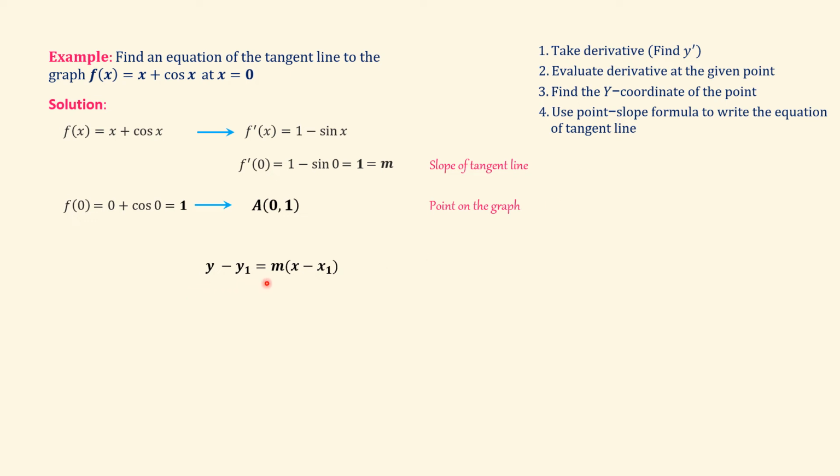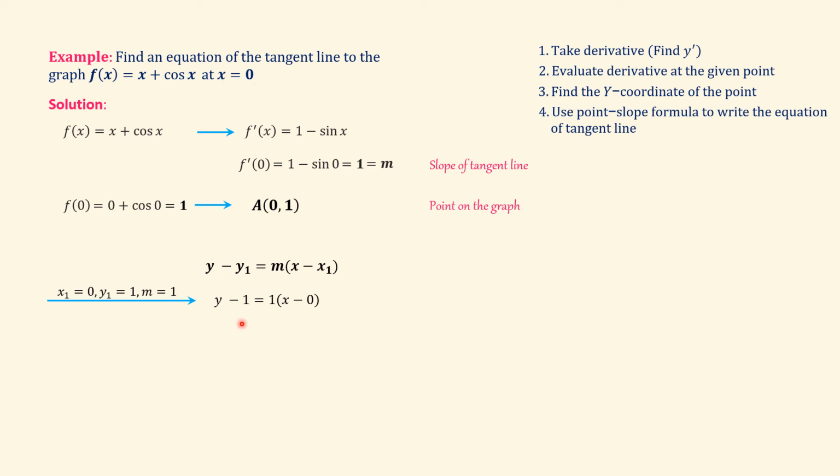The point slope formula is y minus y1 equals m times x minus x1. x1 is 0, y1 is 1, and the slope of the tangent line is 1. So the equation of the tangent line is y minus 1 equals 1 times x minus 0. And this is the equation of the tangent line to this curve at this point.